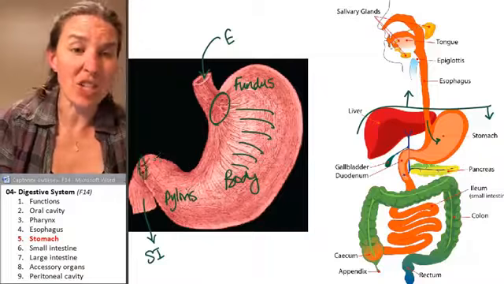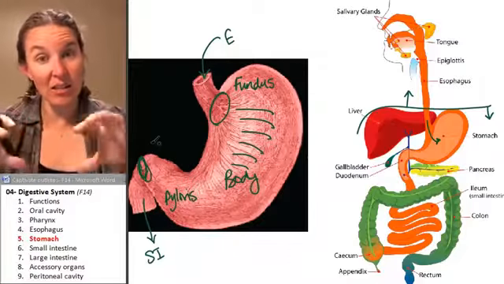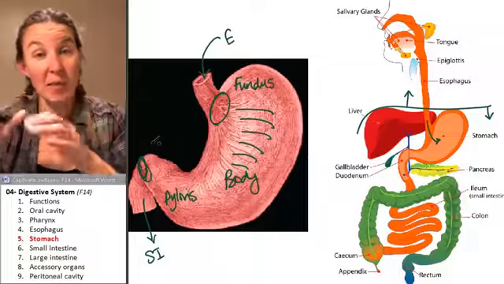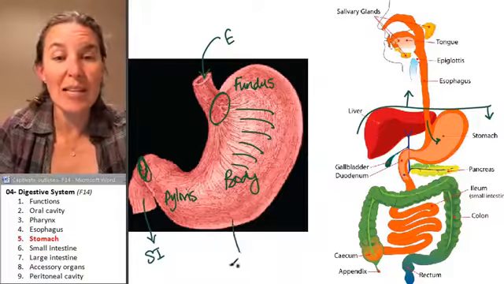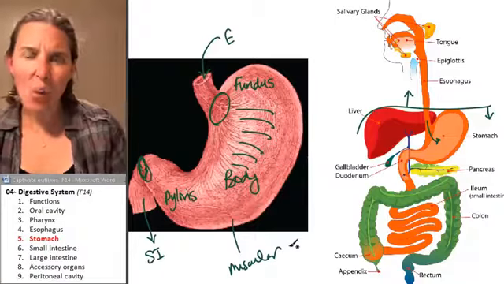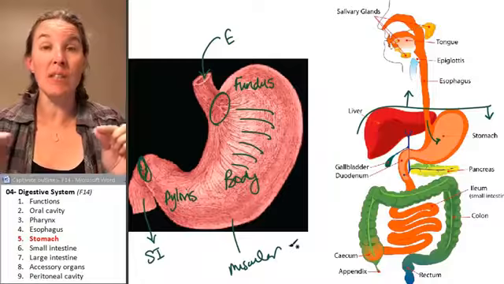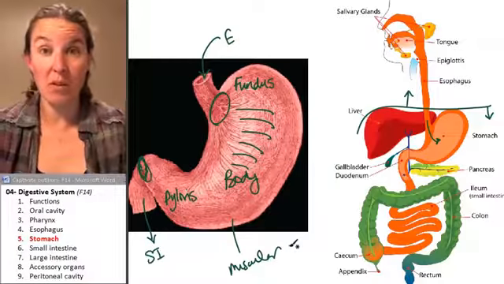There is a sphincter, which is basically a muscular thickening that separates the stomach from the small intestine. And the stomach is crazy muscular. Why would the stomach wall be really thick with muscle?